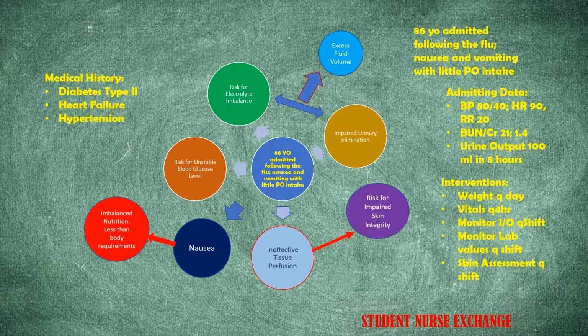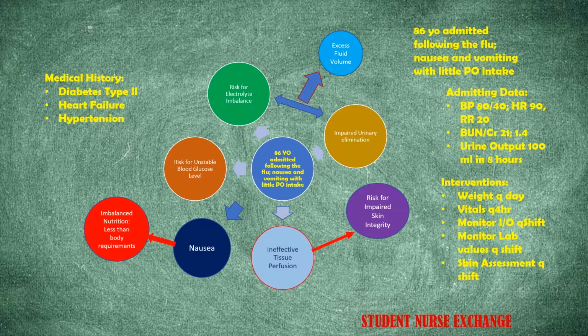Some expected outcomes you could add to this whole concept map. So you would want to see return of their blood pressure to normal range within 24 hours, within 12 hours. I know with students it's hard to put down the time frame that you expect something to resolve, but if it's something that's really emergent like blood pressure and you're starting IV fluids, really the sooner the better.